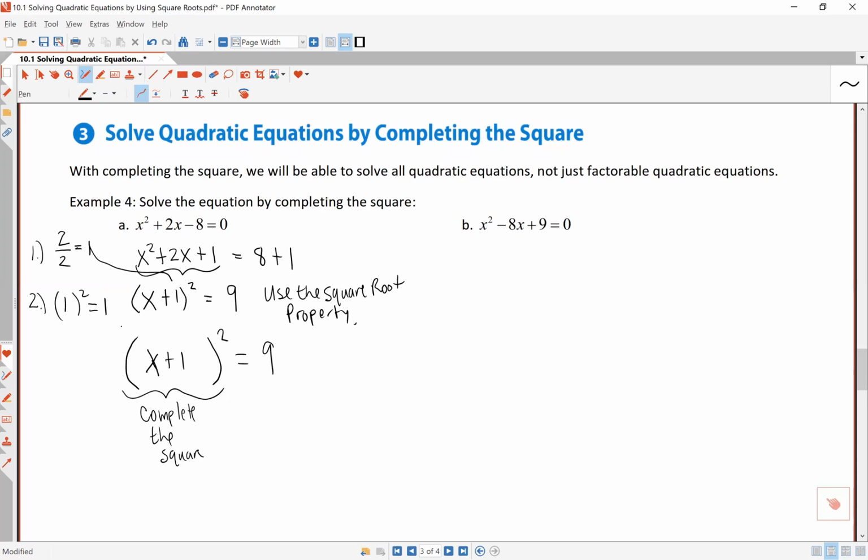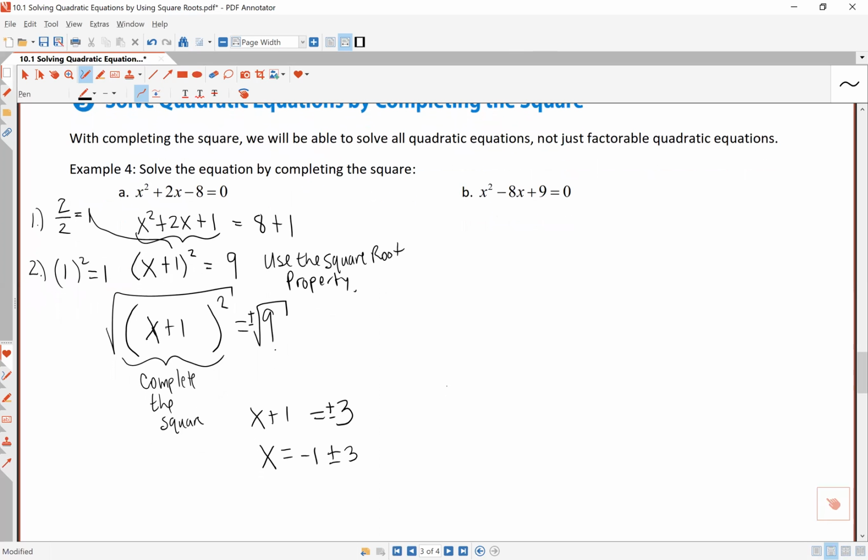And when I take the square root of both sides, using a plus or minus, I like that 9 there because that's 3. Plus or minus 3. And the left side is x plus 1. We subtract 1 from both sides. We have x is equal to negative 1 plus 3, which is 2. We have negative 1 minus 3, which is negative 4.